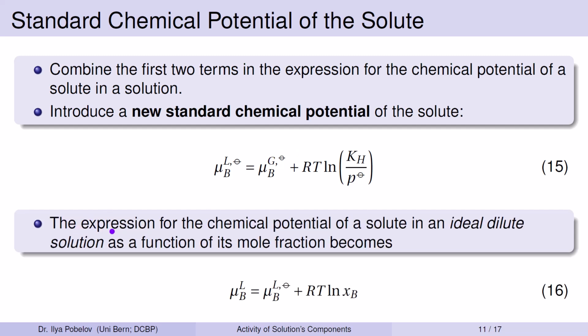The expression for the chemical potential of a solute in an ideal dilute solution as a function of its mole fraction thus becomes mu Bl equals mu Bl standard plus RT times the natural logarithm of xb.